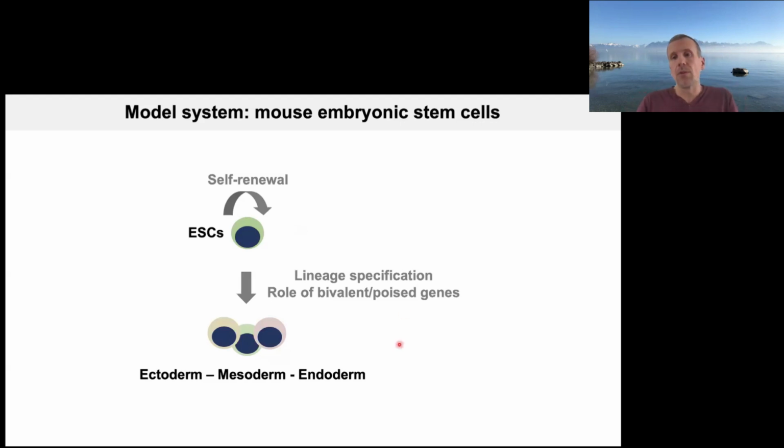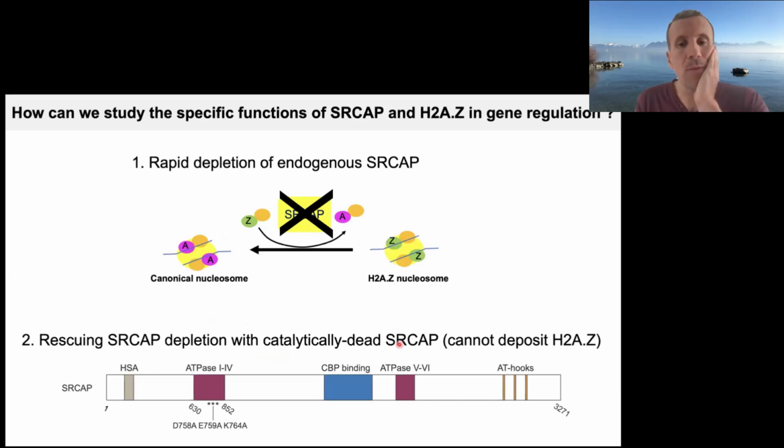To try to solve previous challenges with the study of H2A.Z, we decided to use a combination of two strategies. SRCAP's job is normally to swap H2A-H2B dimers for H2A.Z-H2B dimers.